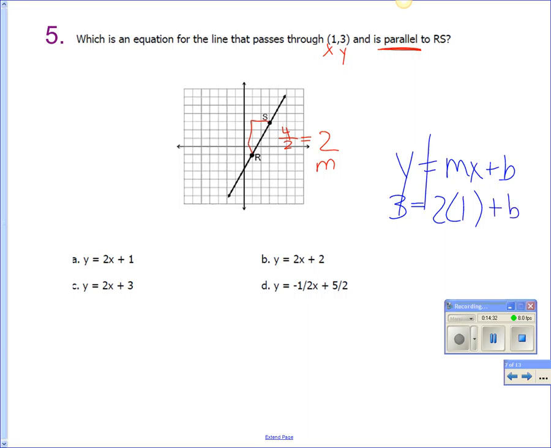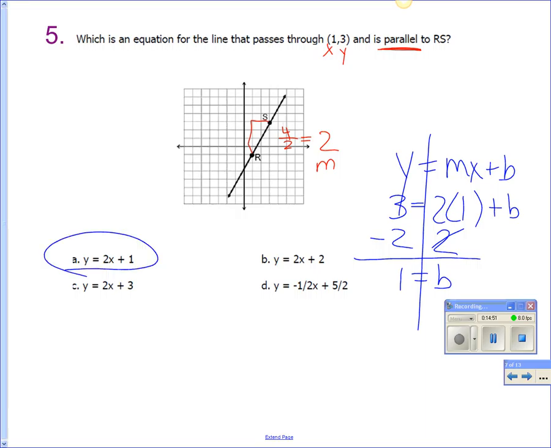And then I put plus B. Okay. Zach, what do you do next? Which gives you? Then what do you do? Which gives you 1. Okay. So guys, my answer is A, which is 2x, because 2 was my M, and then we got B was 1. Okay. Any questions on that one?